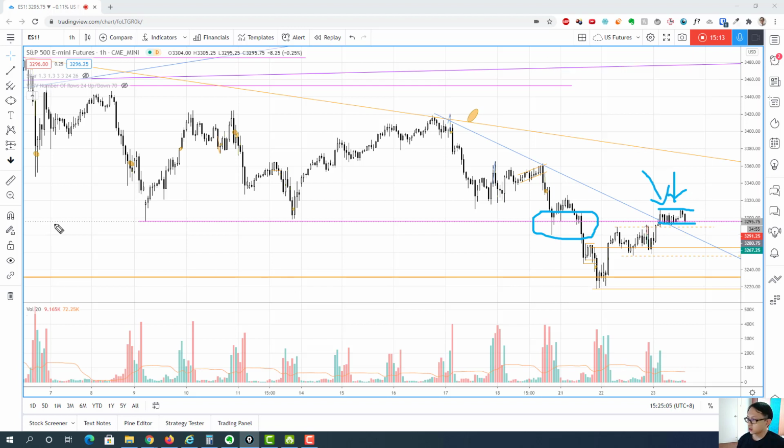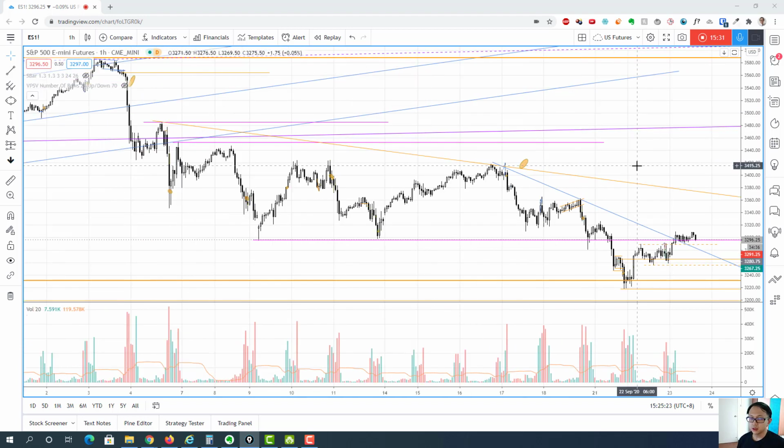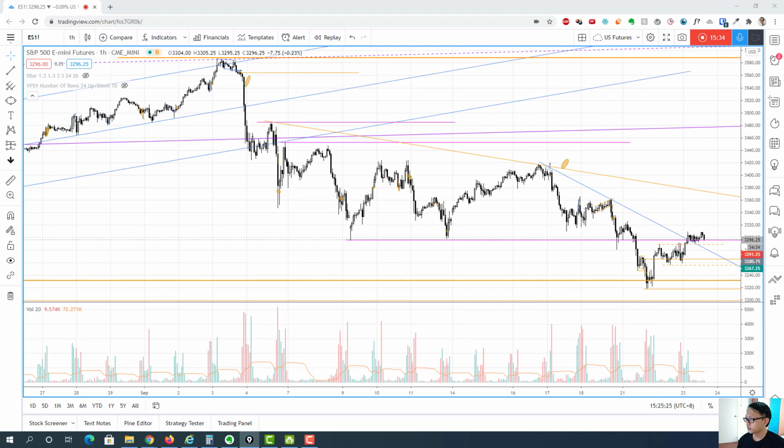So if we can commit above the level above, then the next immediate resistance level could be around 3360. So that's also based on the immediate resistance level. And if I zoom out a bit, you can probably see this trend line I drew in orange color here. So it's very close to the downtrend line as well.